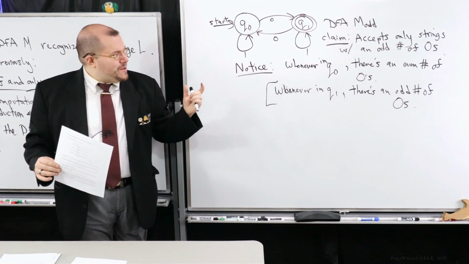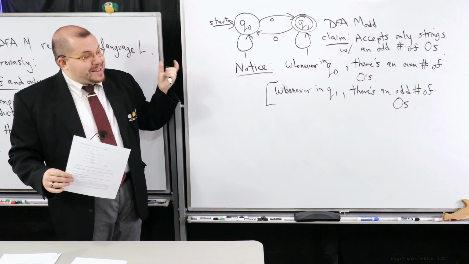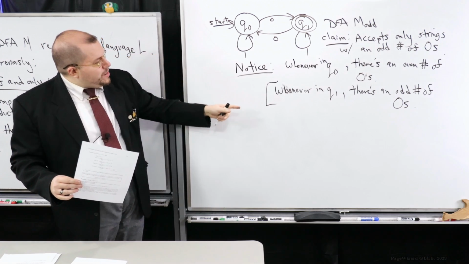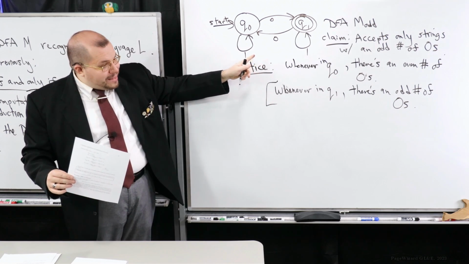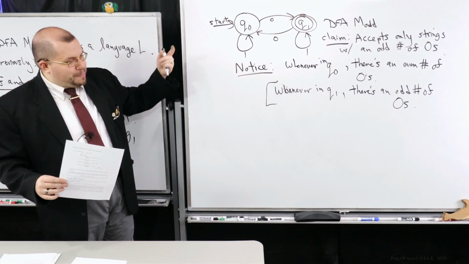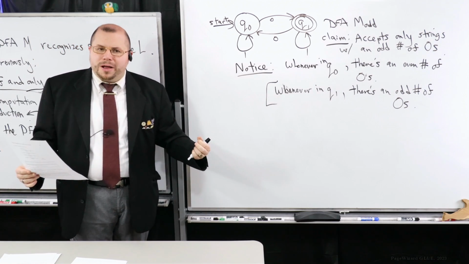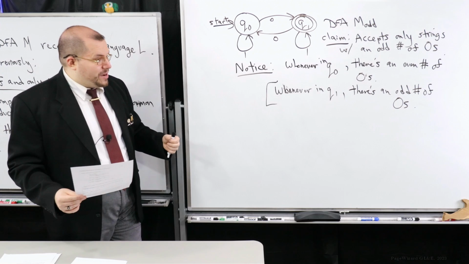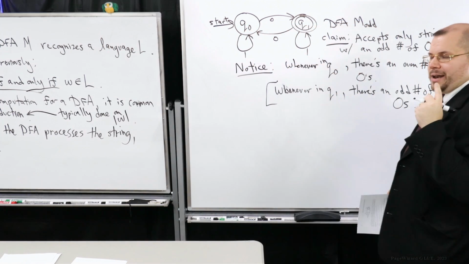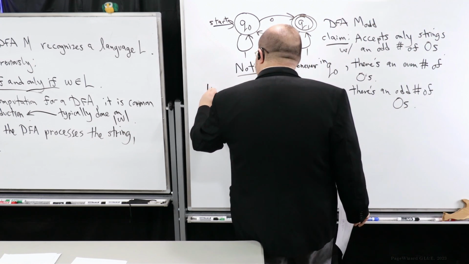In fact, just keep in the back of your mind that when we have our proof, if we establish this, it's the same as saying this whenever this isn't satisfied. This is actually a special property this DFA has. But I'm trying to lay out a much more general way of thinking about invariance in a DFA. You have to think a little bit ahead, everybody, because remember, we're going to perform induction on the length of the string.